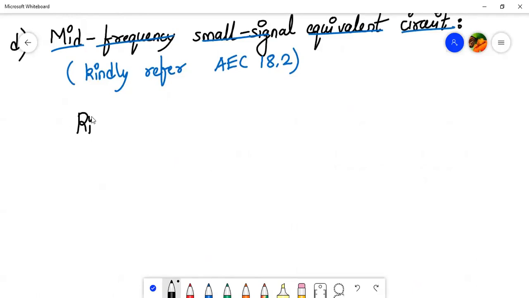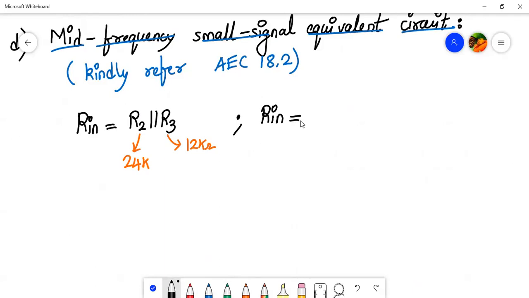From there, we can write Rin is equal to R2 parallel to R3. The value of R2 is 24K and R3 is 12K. If you substitute in the calculator, you should get the value of Rin as 8 kilo ohm. So the value of Rin is coming out to be 8 kilo ohm.